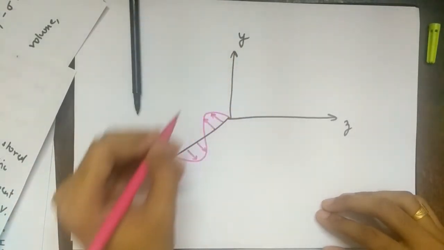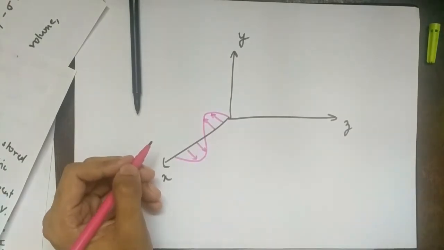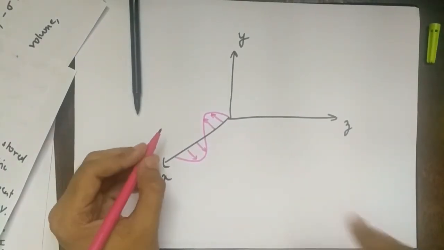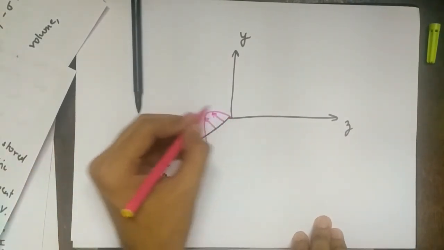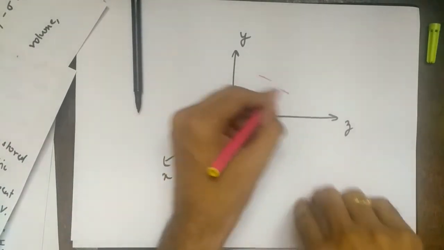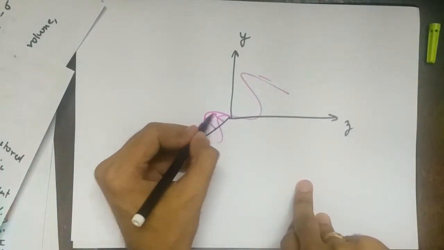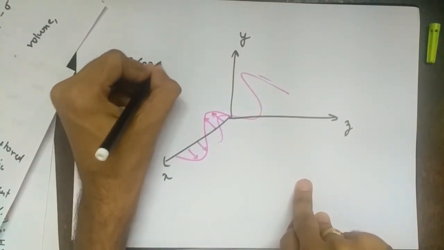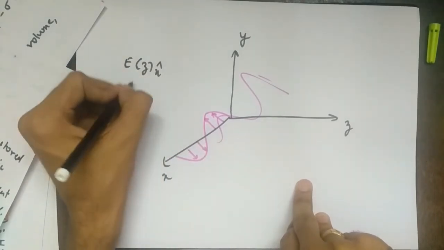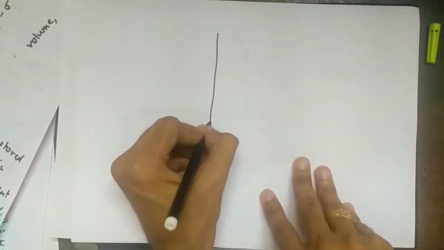The electric field should be perpendicular to the magnetic field. Sorry, this is wrong, and I'll tell you why. It is changing along x, but what we have is E of z in the x direction. We proved in that lecture that variation along x is not possible, so I have drawn it wrong. Let me draw it again.